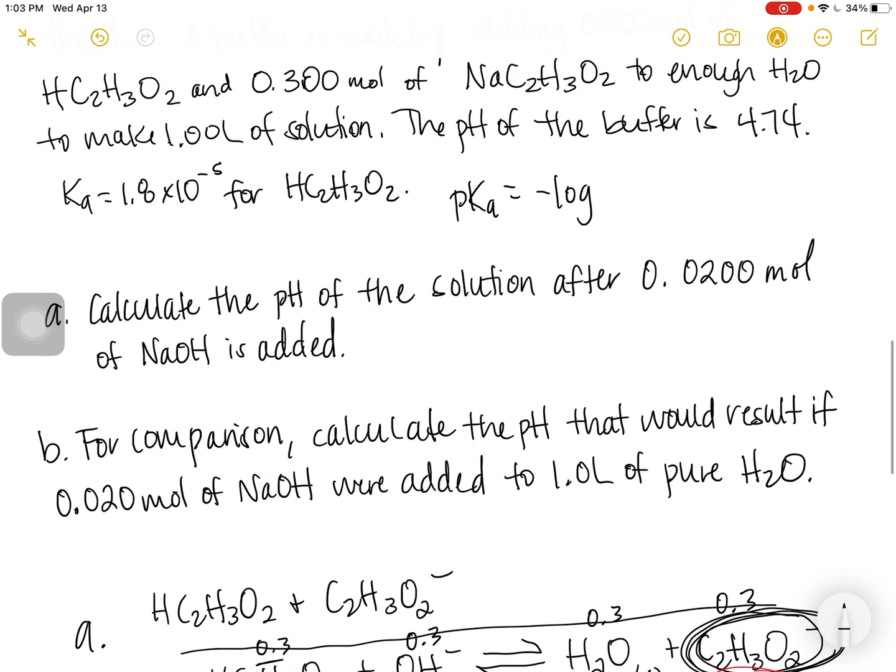So pKa is negative log of the Ka. And actually, when I do pKa, it comes out to be 4.74, I think. I think it's the same as the pH. Let me just check that real quick.